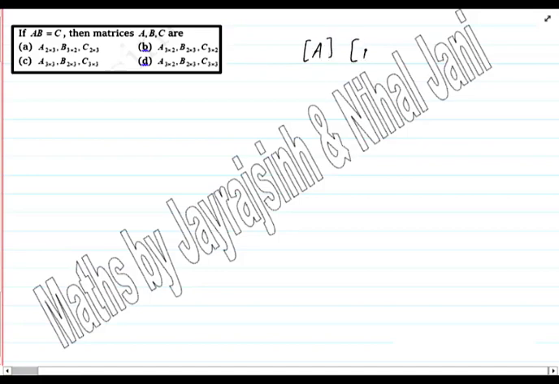If matrix A into matrix B having orders M cross N and P cross Q is possible, then N should be equal to P. This is the necessary condition which should be satisfied to multiply two matrices. If this condition is not satisfied, then we cannot multiply two matrices.